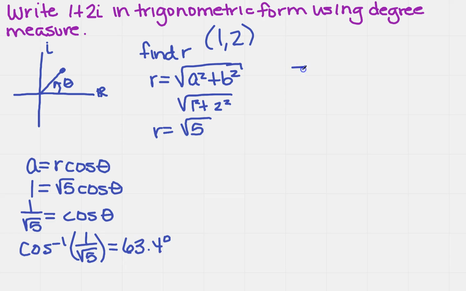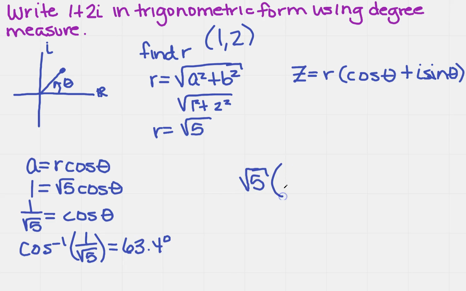Well, remember, there's another formula that if you haven't memorized it or you don't recall, it says that z equals r times cosine of theta plus i sine of theta. So now that's how we're going to get the original complex number into trigonometric form. Well, I found r, correct? It is the square root of 5.